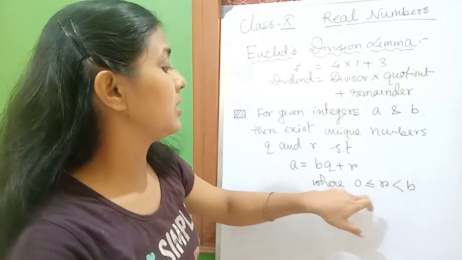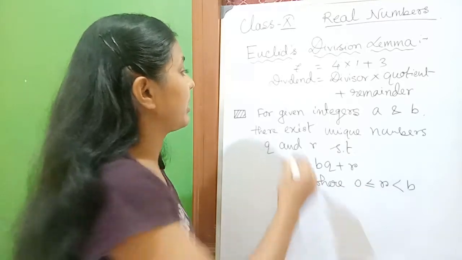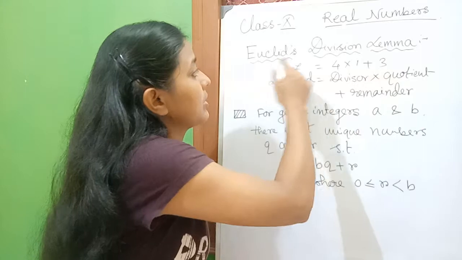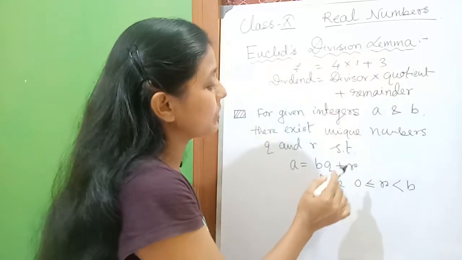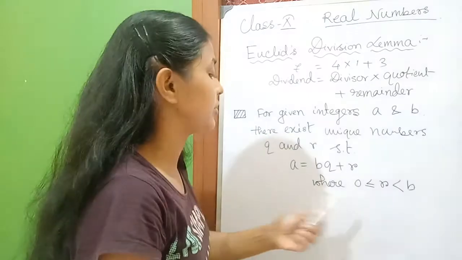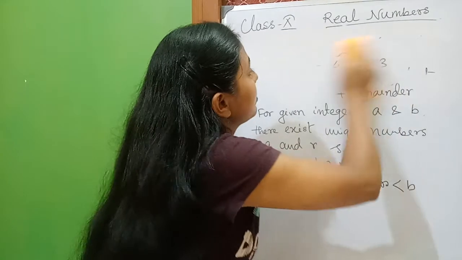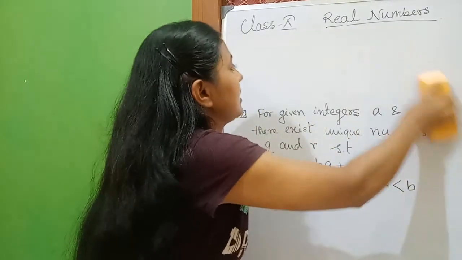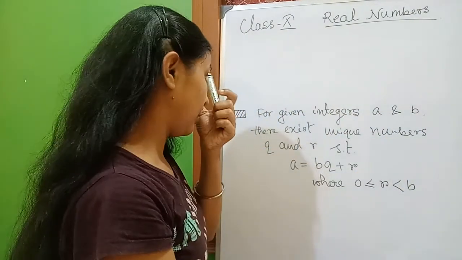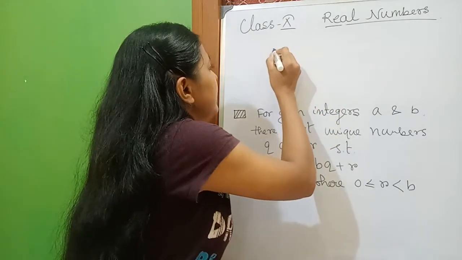Why this 0 less than or equal to r less than b? So we have written the whole statement of Euclid's division lemma, but why 0 less than or equal to r less than b? Why does this need to be written? If you take any divisor to divide any other number, think about the same one.